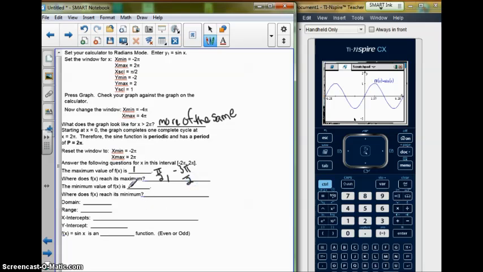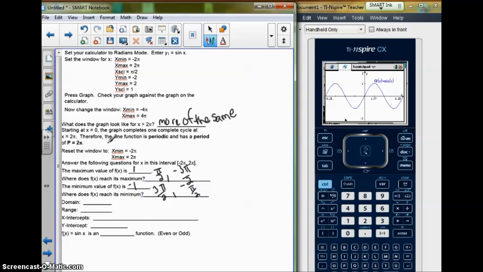Okay, what is the minimum value? Well, you can see this minimum value here is negative 1, and that happens at 3 pi over 2 and negative pi over 2.